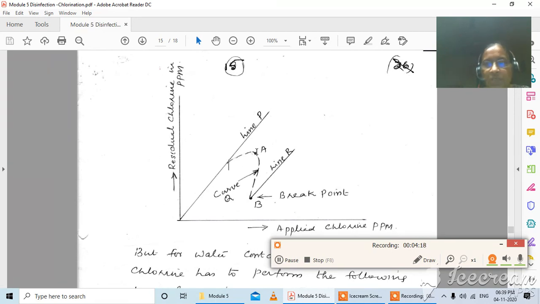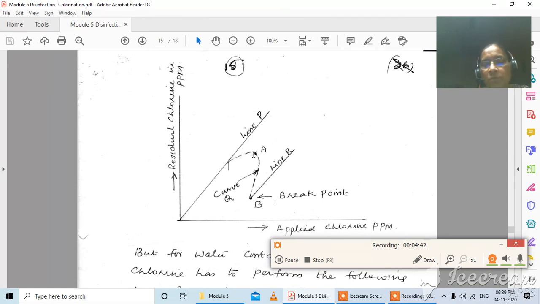As it is being used for inactivating the bacteria, the residual chlorine is getting reduced, but since we are increasing the dose, a corresponding increase is there in the residual chlorine also.